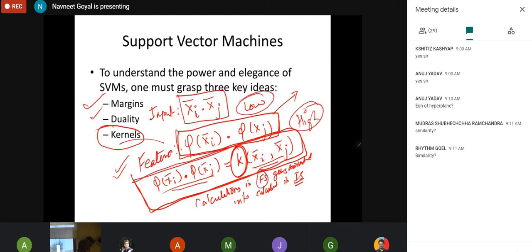So I am now able to do all the calculations that are required in the high dimensional space using calculations in the low dimensional space, the original or given input space.